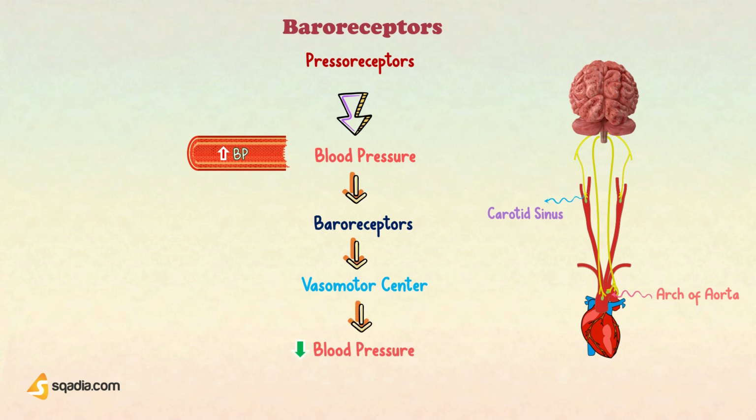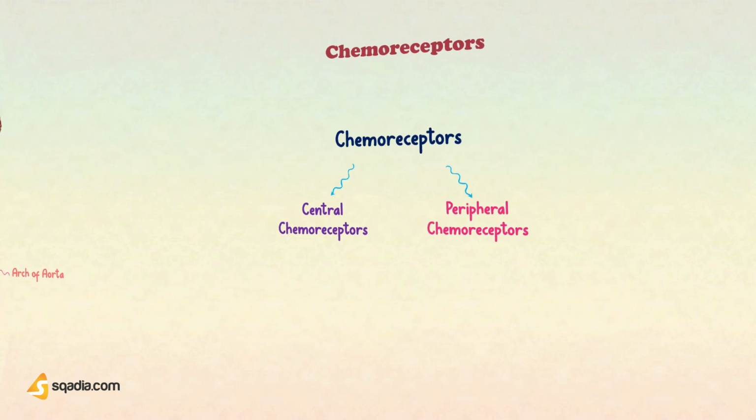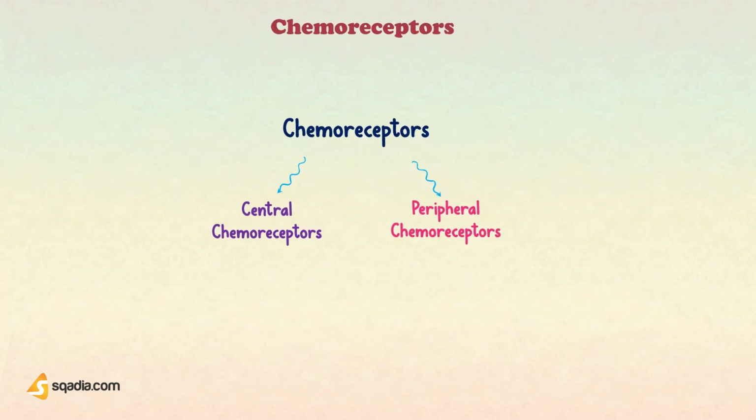This causes decrease in blood pressure and inhibition of respiration. However, in physiological conditions, the role of baroreceptors in regulation of respiration is insignificant. Now, chemoreceptors play an important role in the chemical regulation of respiration. We will be discussing it in detail in the next section, under chemical mechanism.